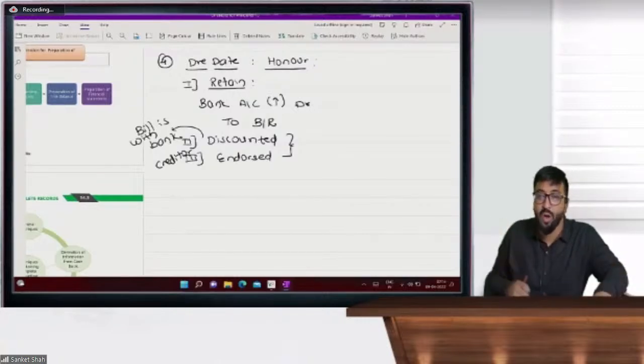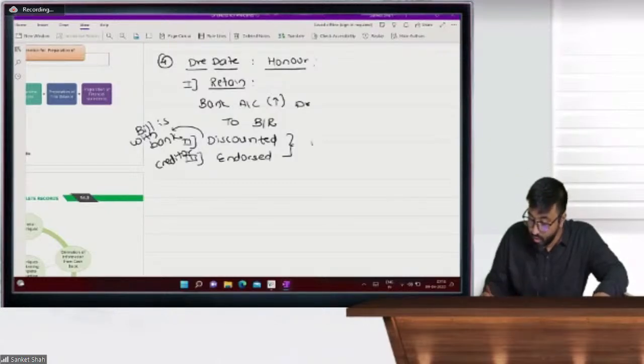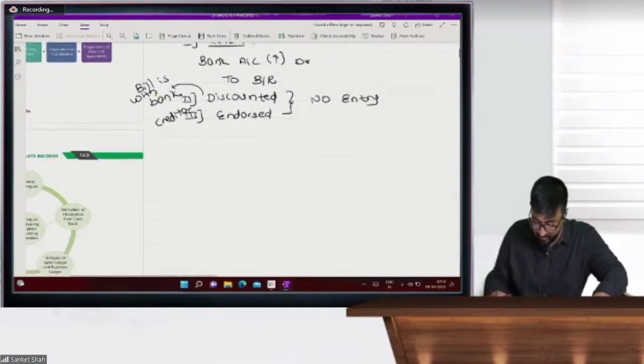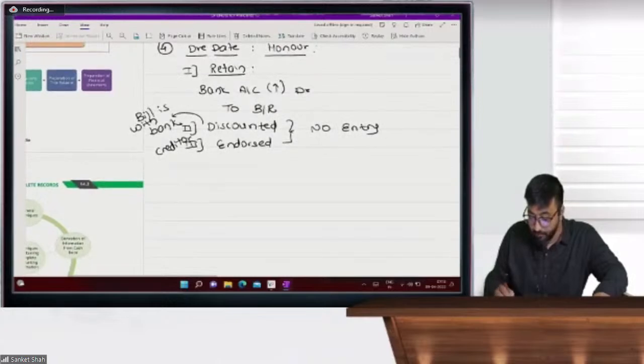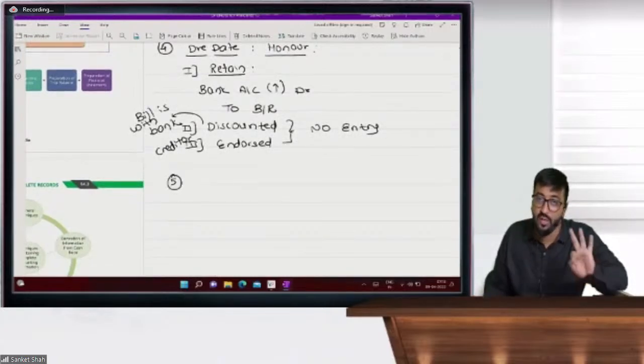The bank will request the drawee, drawee ji, please pay my money. And the creditor will request, and your debtor will pay it on time. So your involvement is 0. Therefore no entry. Remember, my friends. And the fourth one, bill sent for collection, is not in inter level. So you have only three situations.